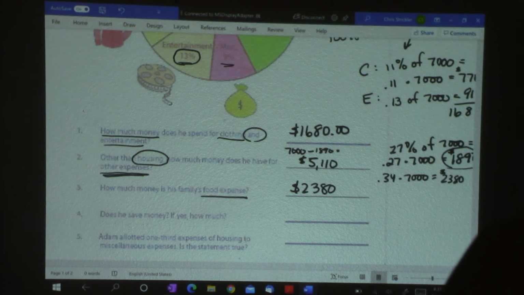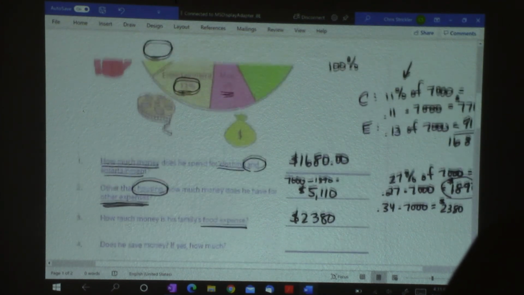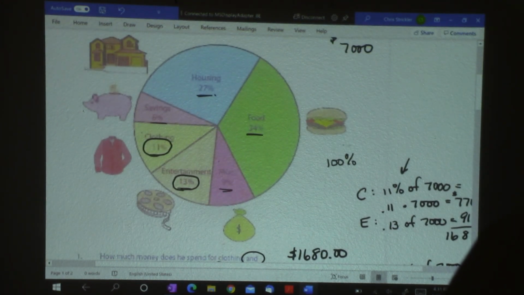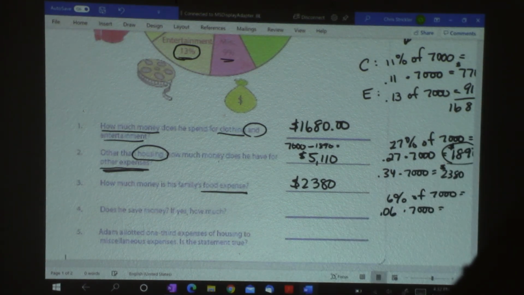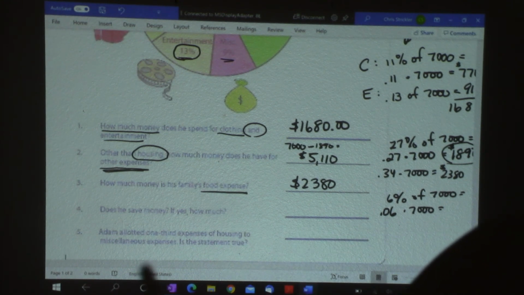Does he save money? If yes, how much? Well, let's see up here. Is there a savings portion? Yes, 6%. So let's figure that out. 6% of 7,000, and I get 0.06 times 7,000, and I get $420 a month.